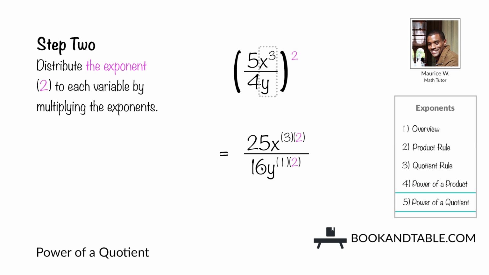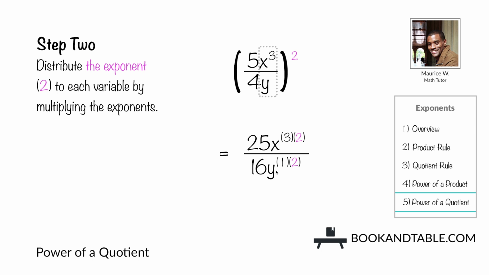Then step 2, distribute the exponent 2 to each variable by multiplying the exponents. So x to a power of 3 to a power of 2 is equal to x to a power of 3 times 2, which is x to the 6th. And we distribute the 2 to the y in the denominator as well. Since it's just y, that means the exponent is 1.